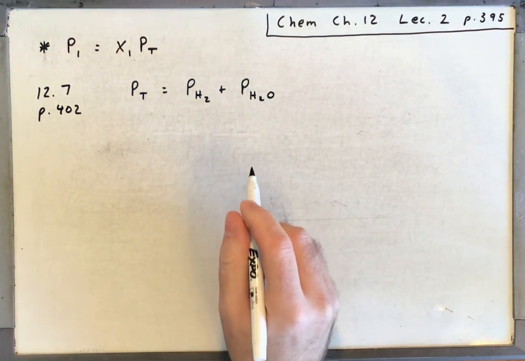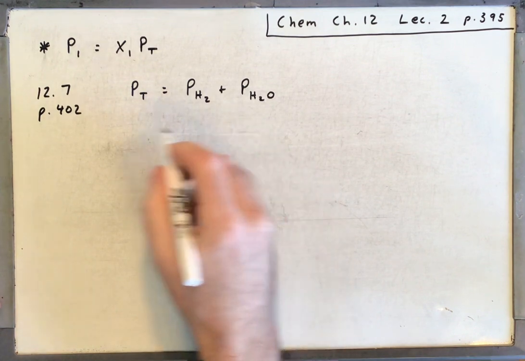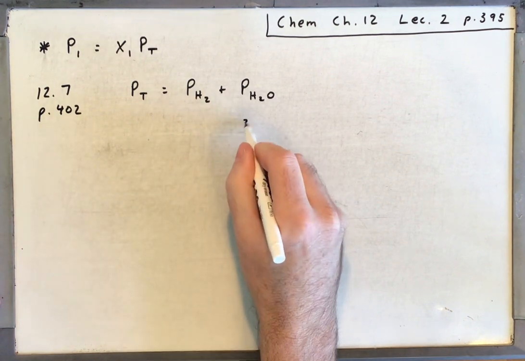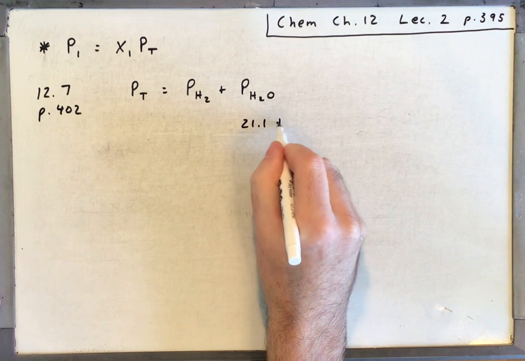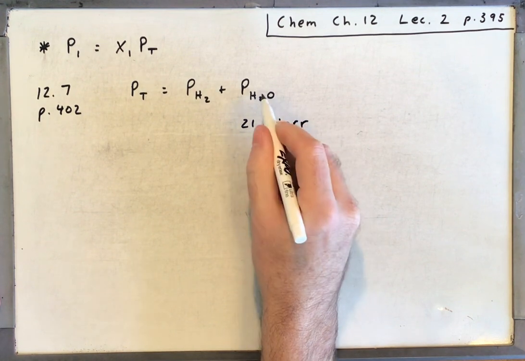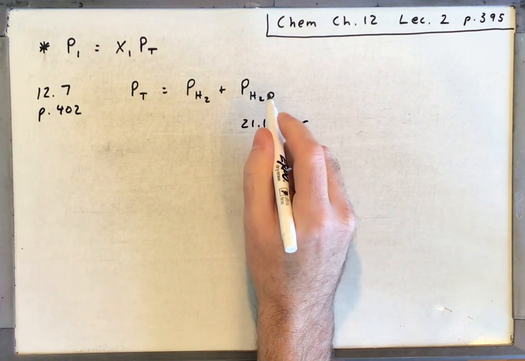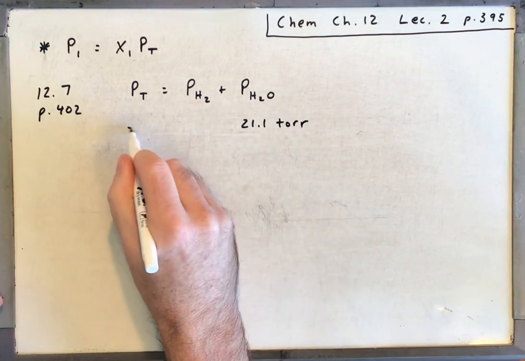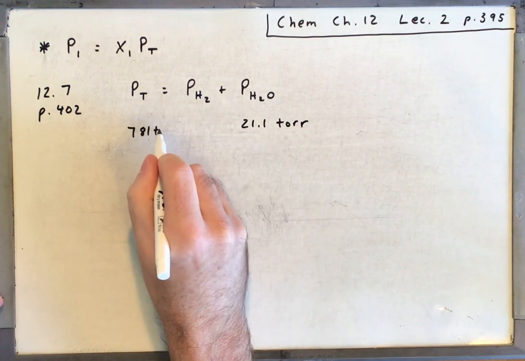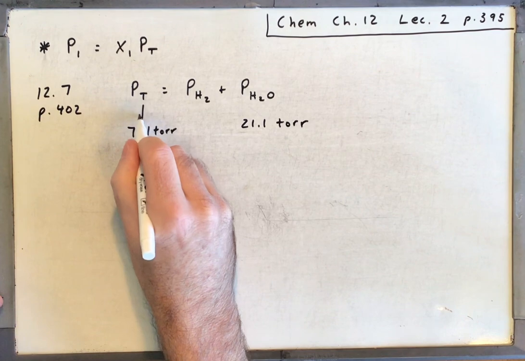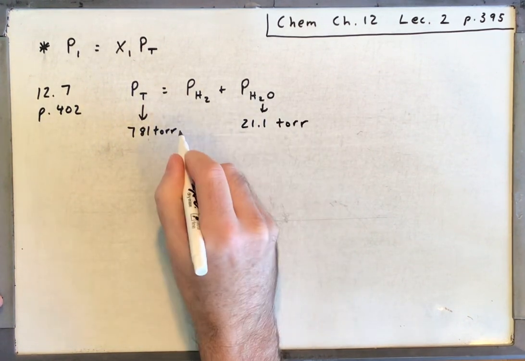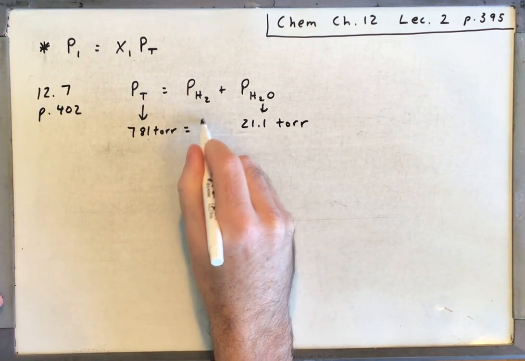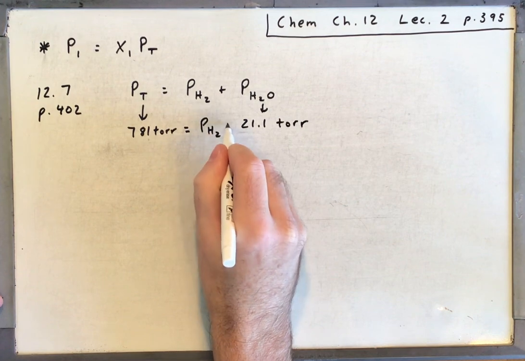We just looked at the table to see that the pressure of the water is 21.1 torr. That's at 23 degrees. The total pressure, the problem says, is 781 torr. And that equals the pressure of the H2.